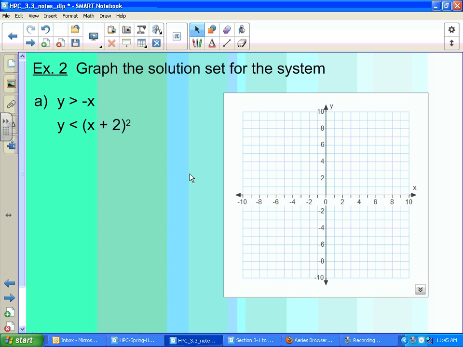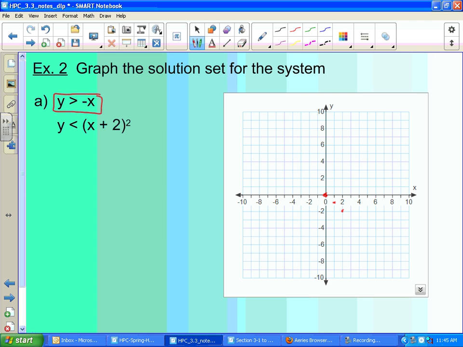Opposites, though. So negative 10, 10. It's just y equals mx plus b, where the b is 0 and your slope is negative 1. So I can start at 0, and then go down one, right one, down one, right one. That would be the graph for this. So graphing that guy, we would have 0, 0, and then down one, right one, down one, right one, and we keep doing that.